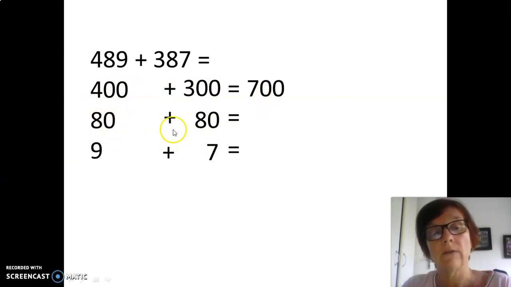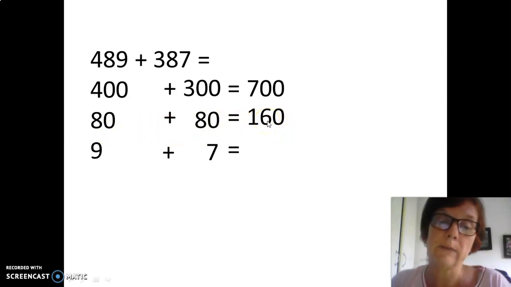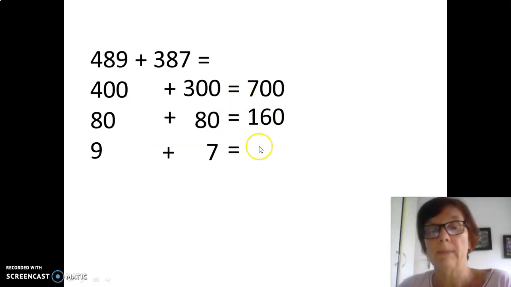You can count on from 80 another 8, or you can say 8 plus 8 is 16, and so it will be 160. I know that this is a very tricky line, and I know some of you are going to get confused, so ask your moms to help, or else we can meet up and I'll give you a lesson on your own, either on Zoom or on WhatsApp. Right, 9 plus 7, 16.